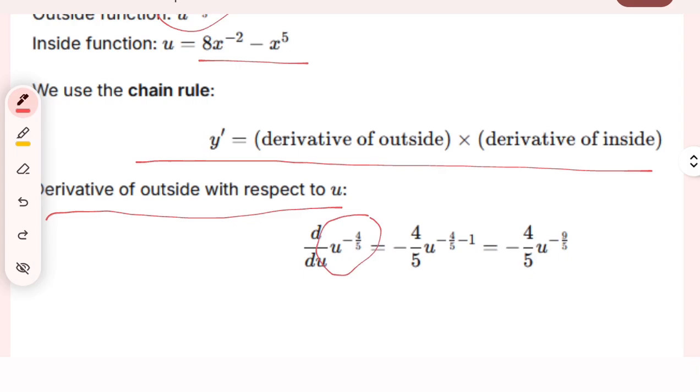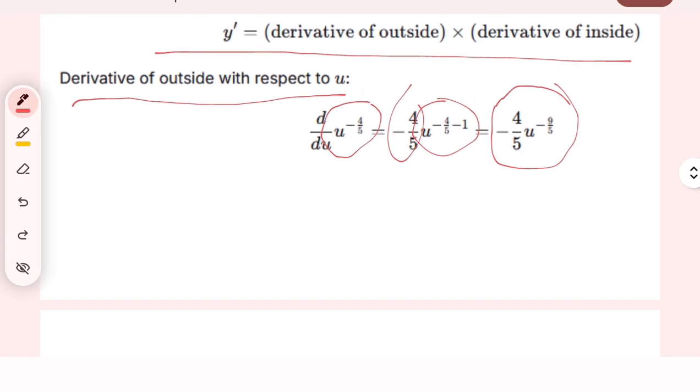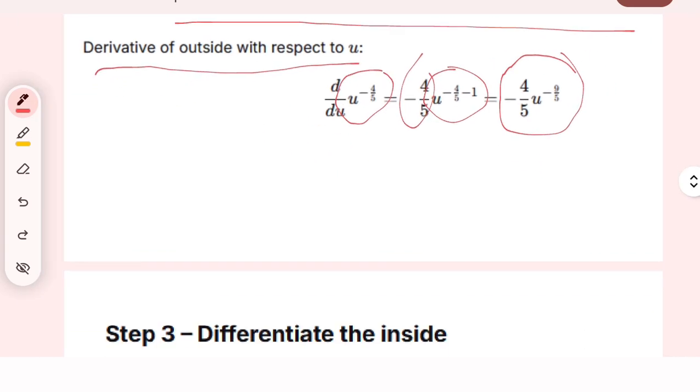What is the derivative of the outside, u to the negative 4/5? It is negative 4/5 u to the negative 4/5 minus 1, or negative 4/5 u to the negative 9/5. So that is the derivative of the outside function.